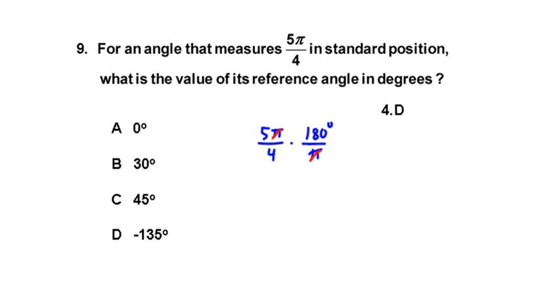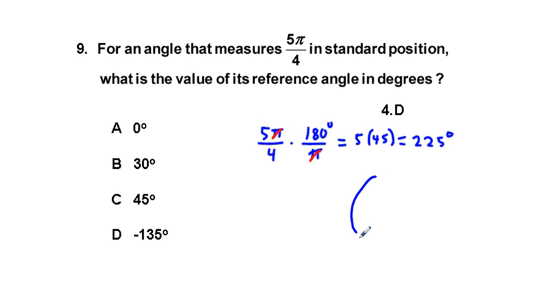So we have 5 times 180 over 4. Well, 180 over 4 is 45 degrees, so we have 5 times 45 degrees, which is 225 degrees.